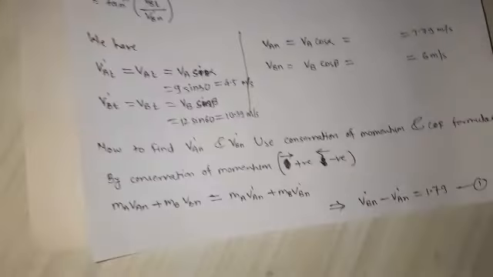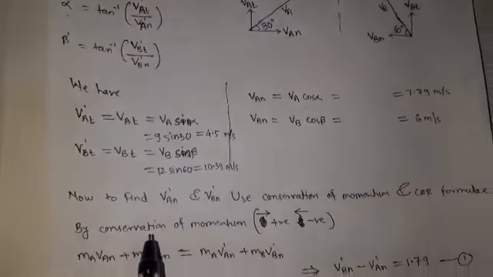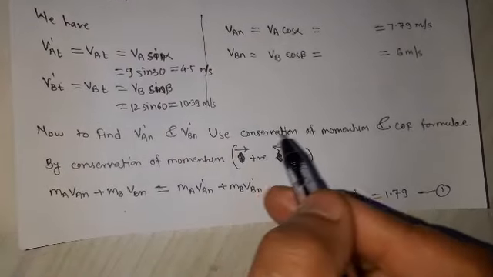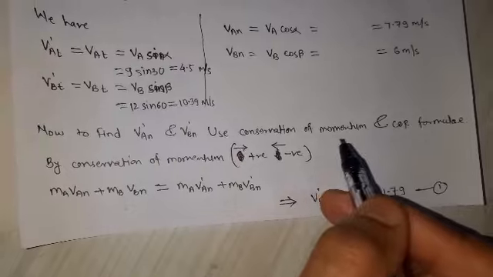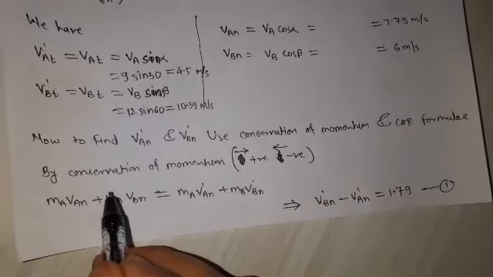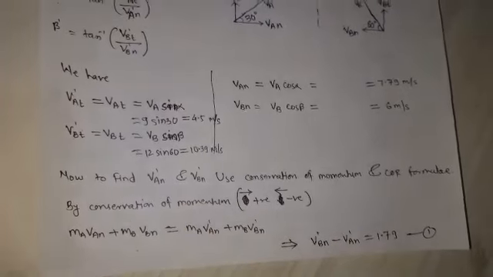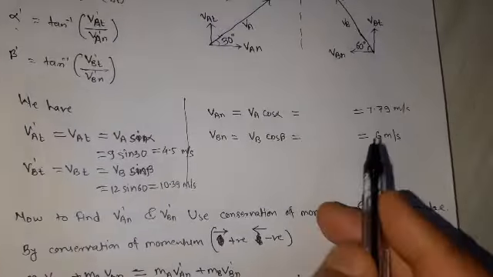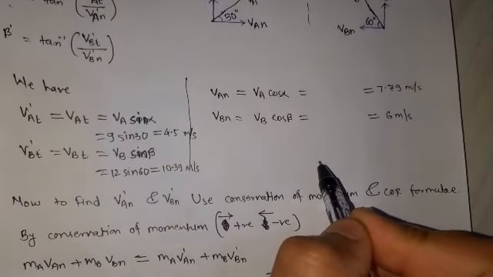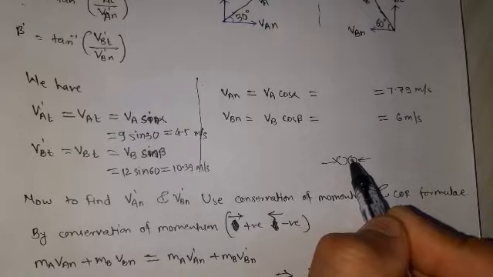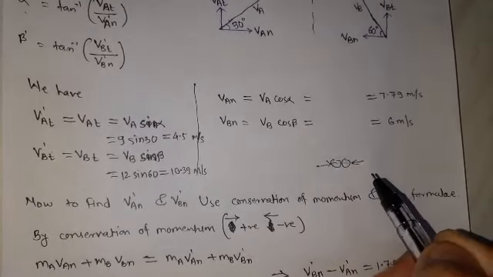So we are going to use the conservation of momentum equation and the coefficient of restitution equation to find these horizontal velocities, as we did in central direct impact problems, where the balls collide with each other along the line of impact.